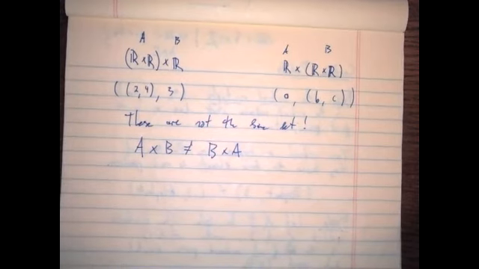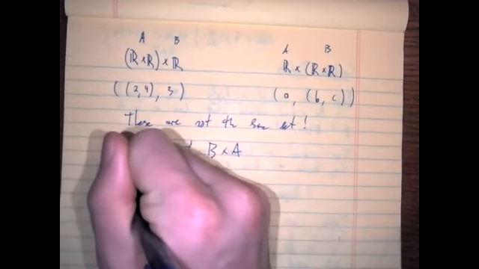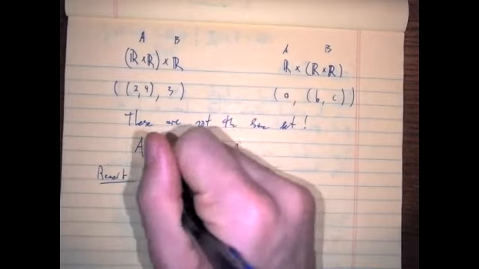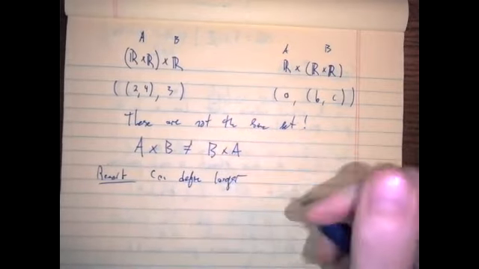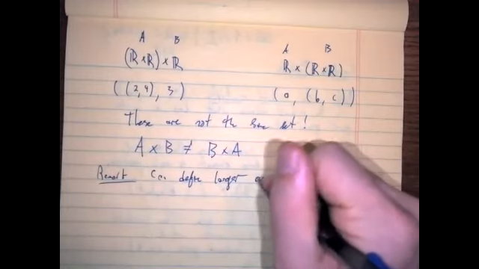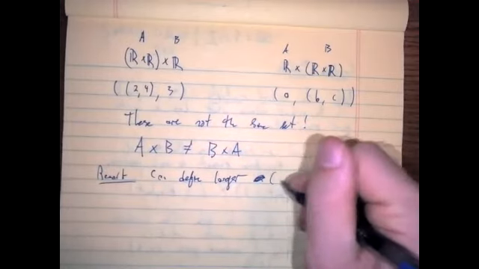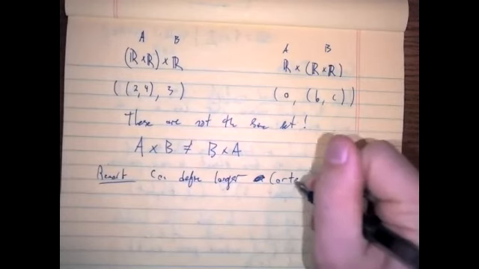Okay, but I want to remark that we can define larger ordered tuples, or larger cross products. Larger Cartesian products is the correct thing I should say.